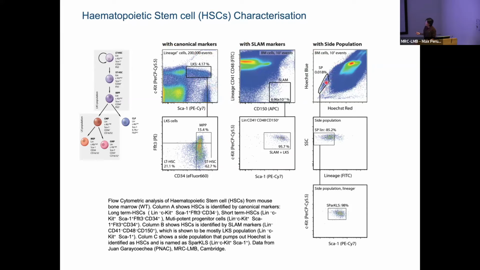So you can see this little tail that looks like a very least amount of the Hoechst and is distinguished from the main population. So this is always my good example to show you how to characterize HSC cells.